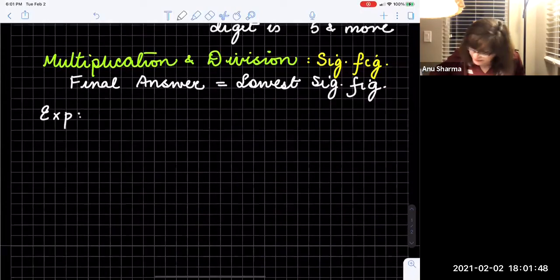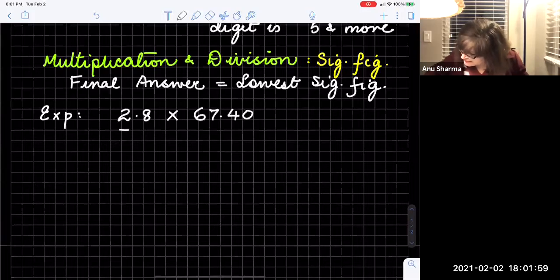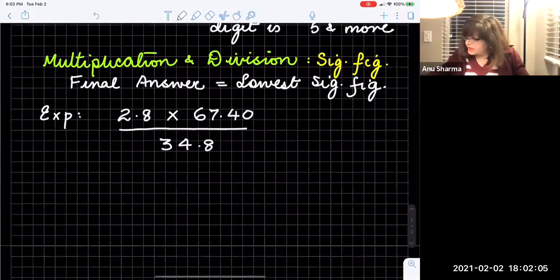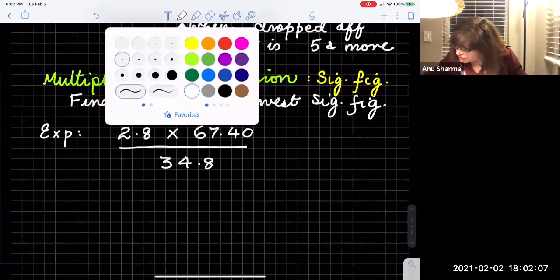So one example is that you have, let us say, 2.8 multiplied by 67.40, and that is divided by 34.8. Okay, so now first look at all the significant figures.